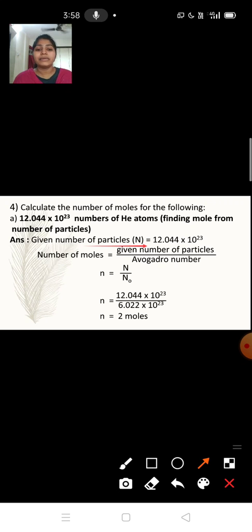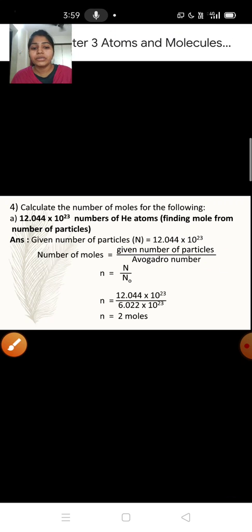The formula is number of moles is equal to given number of particles upon Avogadro number. Okay, so the number of moles, the initial is small n, given number of particles is capital N, and Avogadro number is represented by N naught. Now over here we know the value of capital N, we know Avogadro number, right?